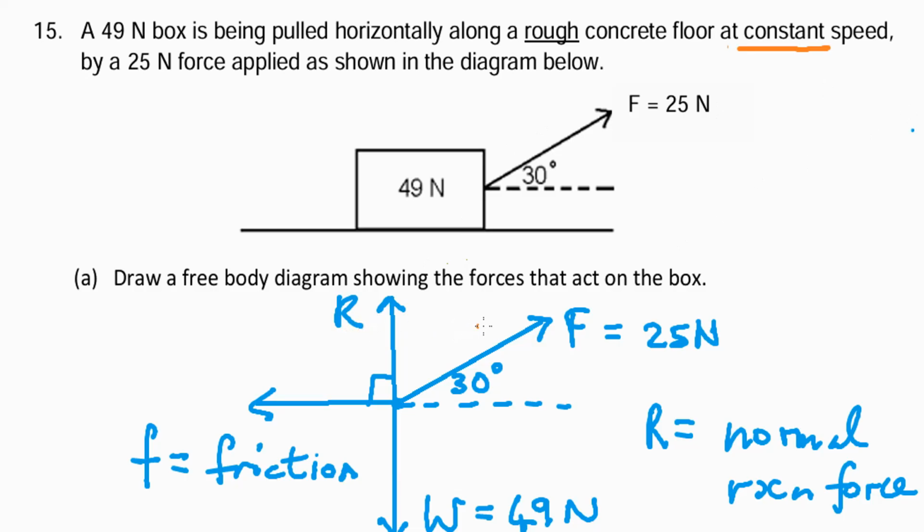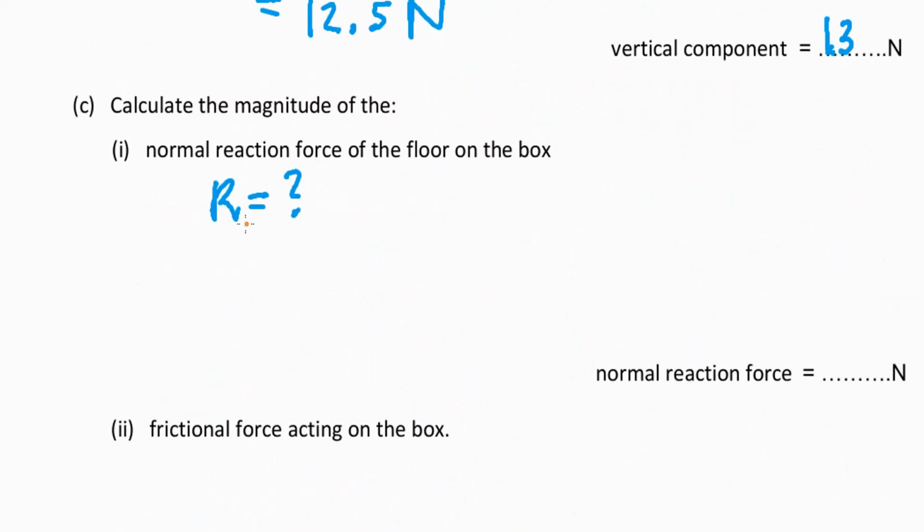So the forces up must equal the forces down. So we have the normal reaction force up and the weight down. But there's also the vertical component of the applied force acting up. So R plus FV up must equal W down. R will equal W minus FV.